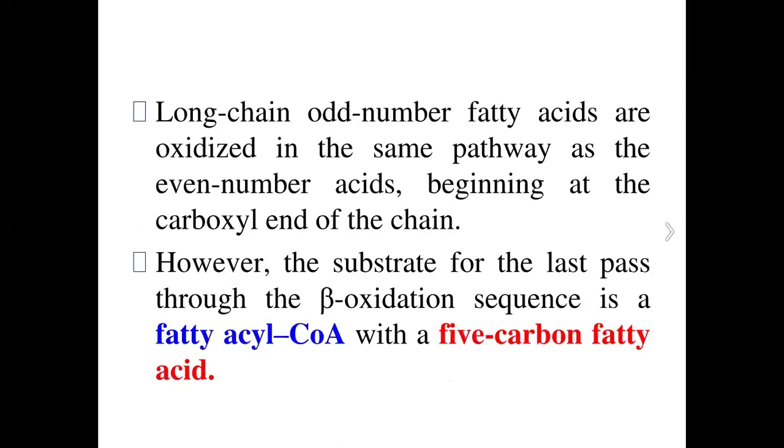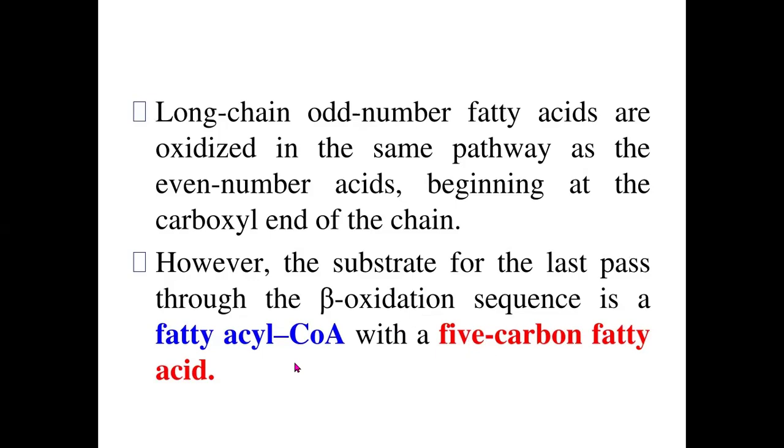So now long chain odd number fatty acids are oxidized in the same way as the even number acids, beginning at the carboxyl end of the chain. However, the substrate for the last pass through the beta oxidation sequence is a fatty acyl-CoA with a 5-carbon fatty acid. At the last step, you have 5 carbon because it's odd chain.